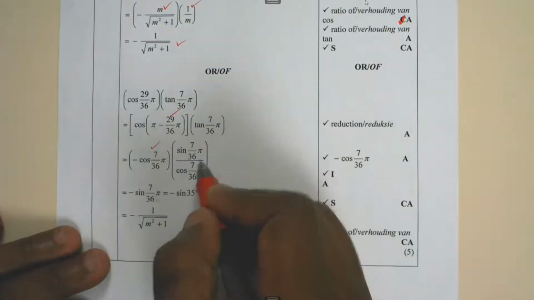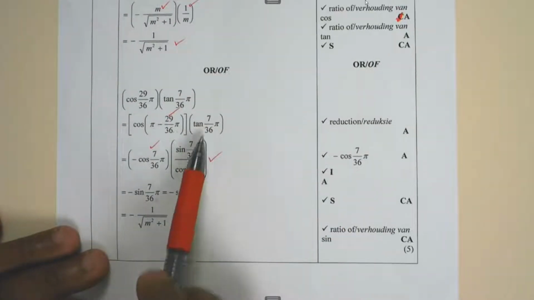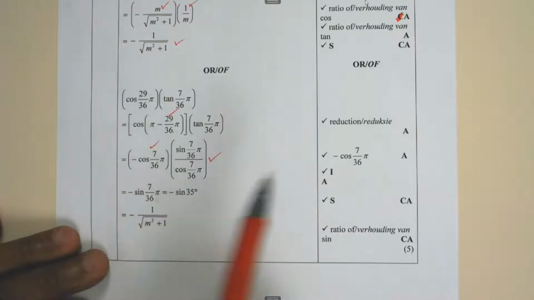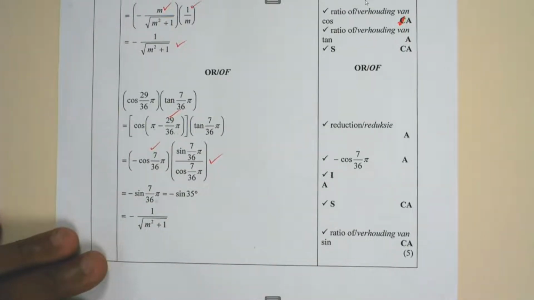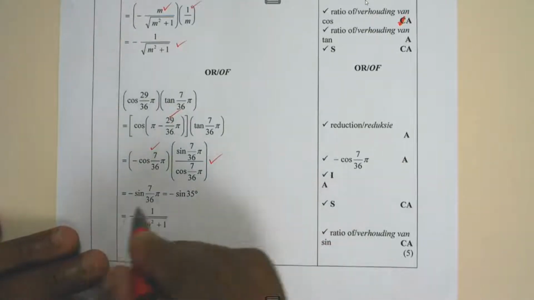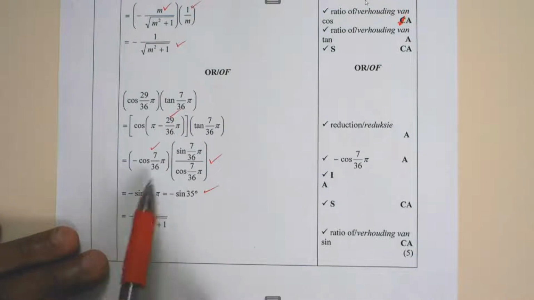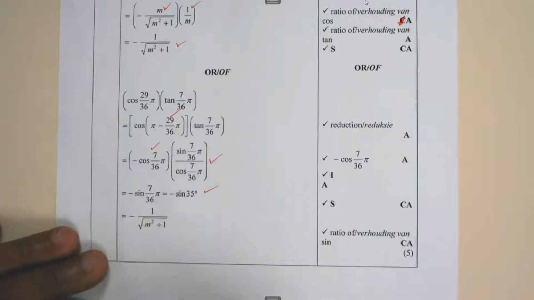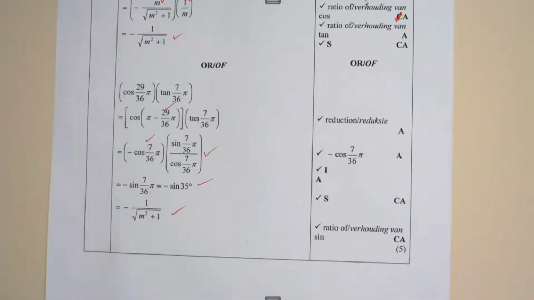And 1 mark for identity. Check here, the angle is not changed from radians to degrees. It remains. And then from there, 1 mark for simplification. That is, you have simplified, and there are marks for the ratio. And that will be 5 marks.